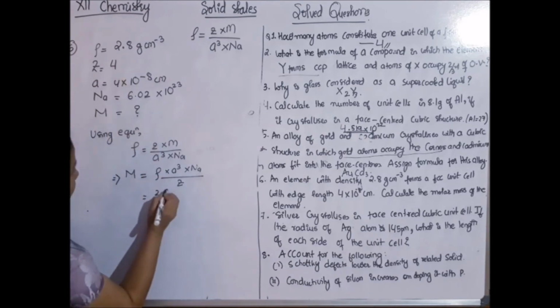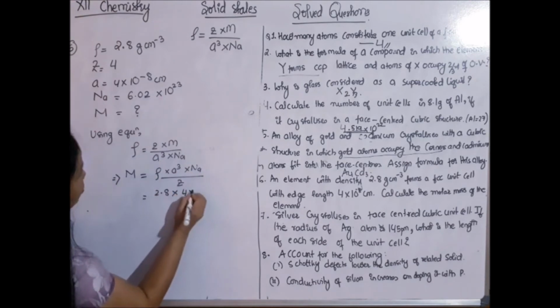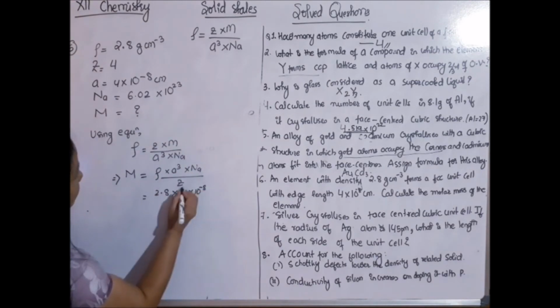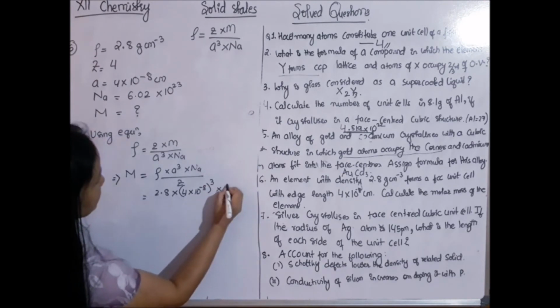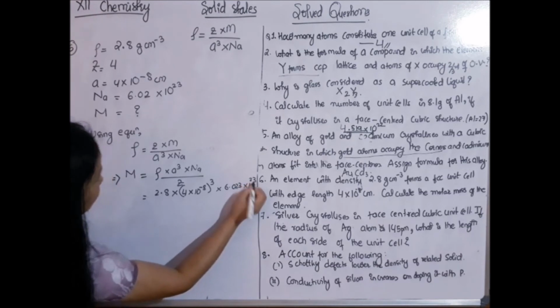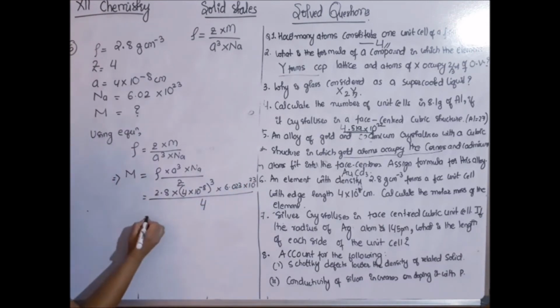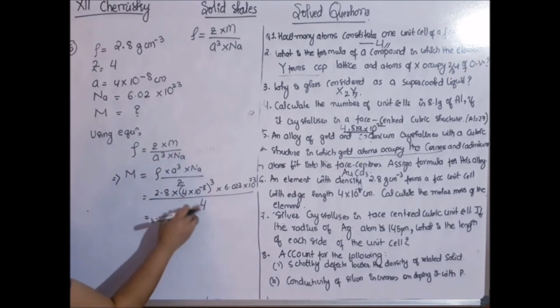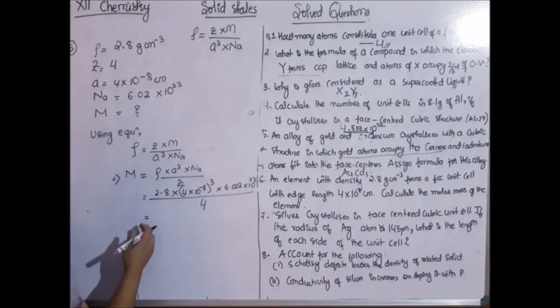It's 2.8 into a is 4 into 10 to the power minus 8 centimeter cube. Okay, into Na 6.023 into 10 to the power 23 divided by 4. Okay, sir? Calculation garo jasari sajilo parcha yo 4 ma euta 4 काटिदिन्छु र यो दुईटा, right? 16 हुन्छ यहाँ. So 16 you multiply गर्नु.